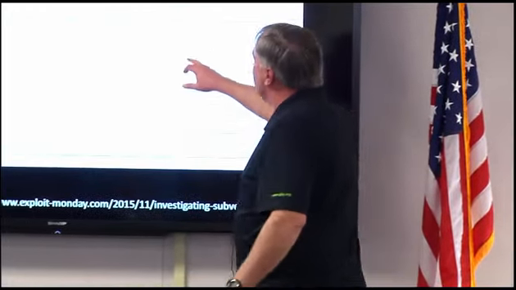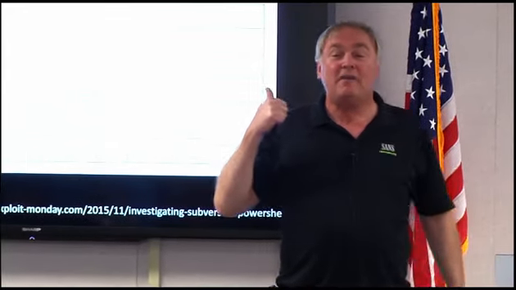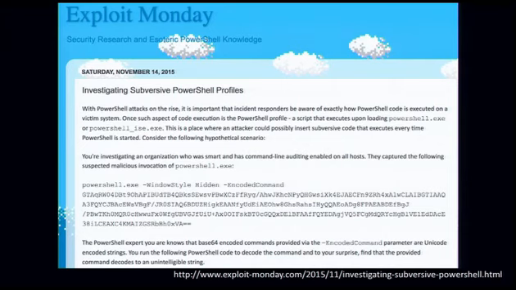But what happens is that it's run the contents of this, which has given him a shell to your system, and then it immediately cleans this up and puts the original back. So pretty interesting stuff. New ways, again, of trying to bypass defenses and get inside of a network. You can read more about this at Exploit Monday, Investigating Subversive PowerShell Profiles.